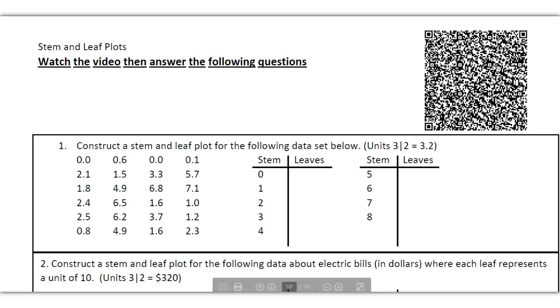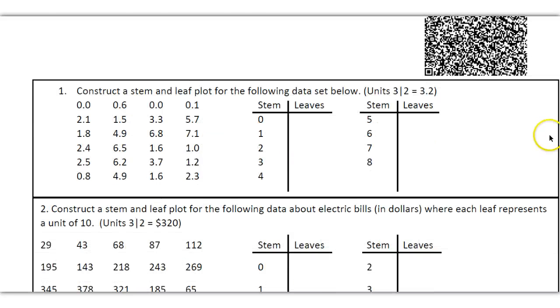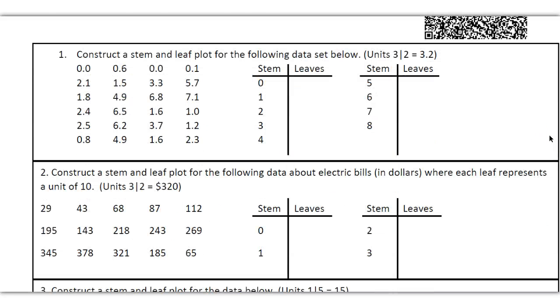Now, this one was right along our paths here, a stem and leaf plot, and trying to understand what they wanted. So again, what is a strategy? You want to put something of this data into the stem part, and then the leaves out here.